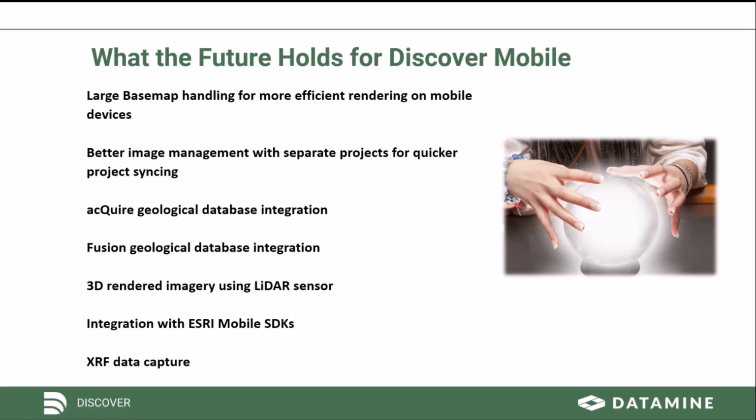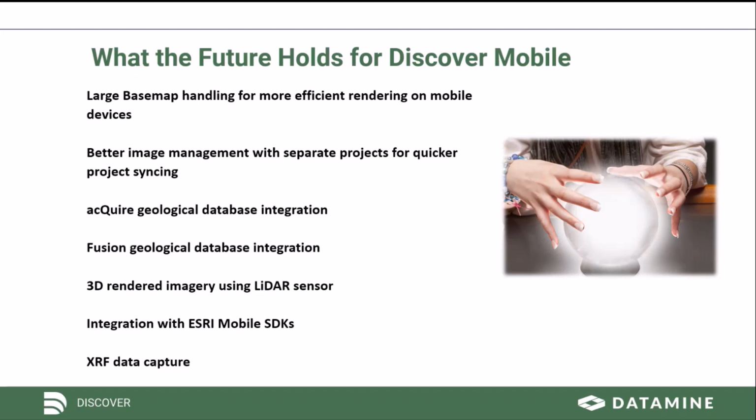We've got large base map handling, so it makes it more efficient for rendering on the mobile device. Separate image and vector layers, so once again it makes syncing projects a lot quicker. Acquire and fusion geological database integration.